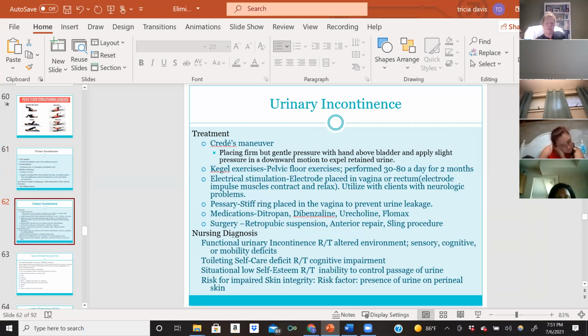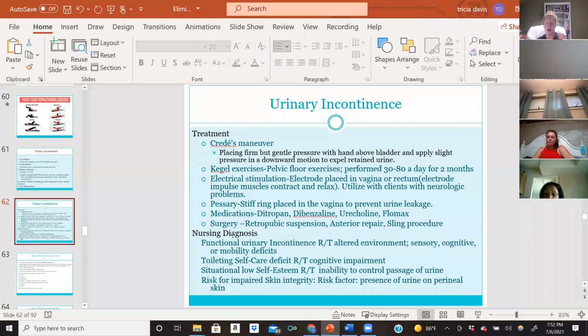So sometimes in the hospital, what we will do is when we are straight cathing them, we do this. It's called a Credé maneuver. It's where you place your hand firmly but gently above the bladder, and you apply slight pressure, kind of in a downward motion, kind of like you're massaging it to help expel the retained urine. So if you had a bladder scan that said 600 and only 350 came out, that's kind of a lot to be off with the numbers.